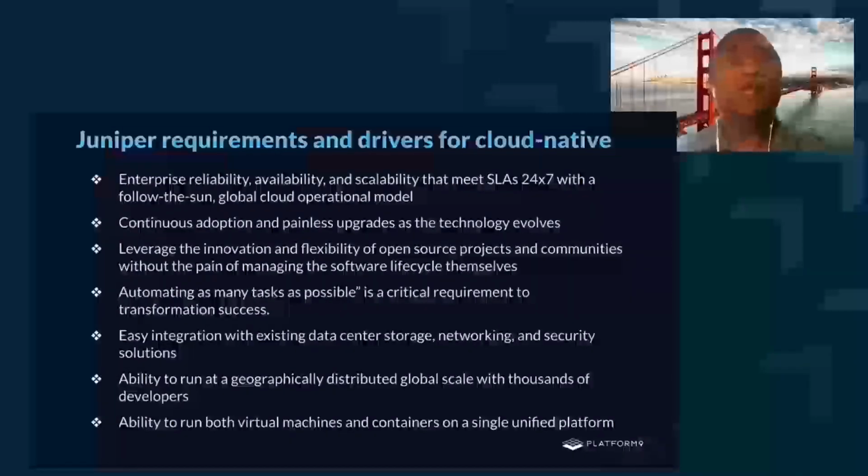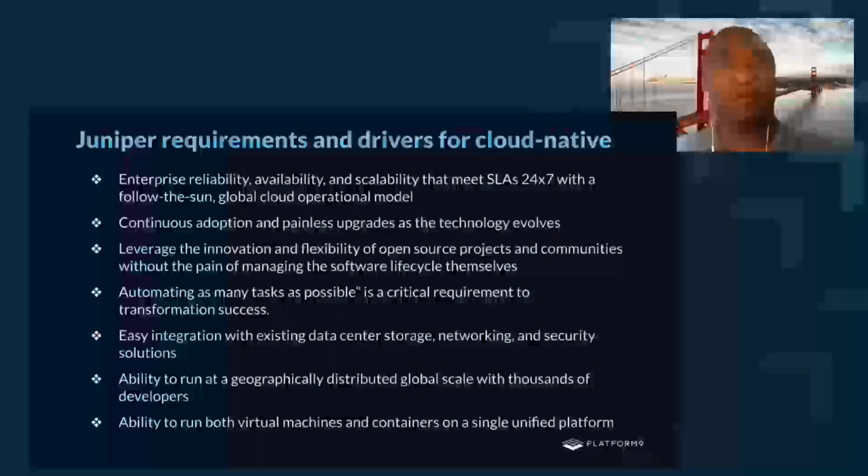So being agnostic is the critical requirement here. And we wanted to ensure that whatever strategy we planned needs to scale and run on multiple platforms, agnostic to the underlying infrastructure.